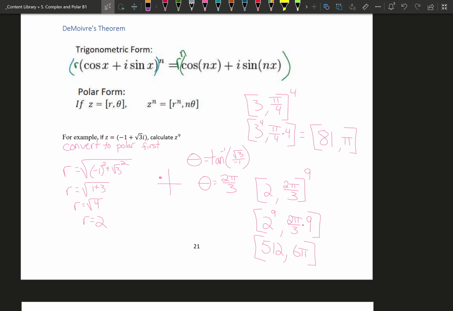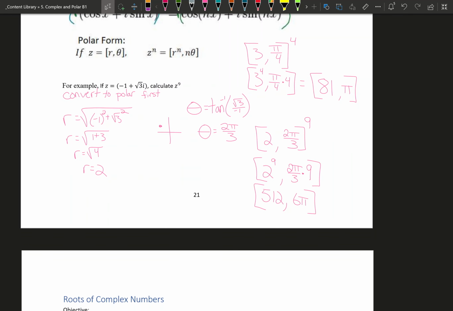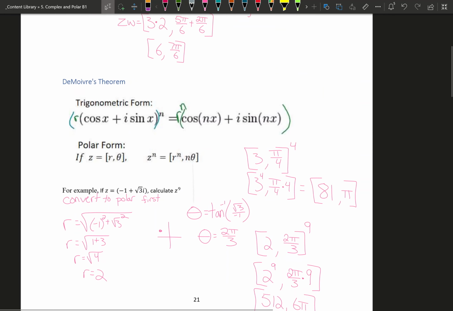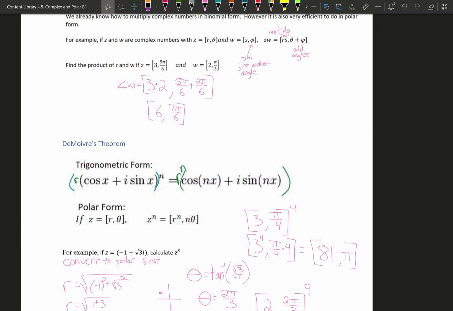Hello, today we are going to be taking a look at how to find the powers and roots of complex numbers in polar form. First, if we're looking at multiplying two numbers in polar, the product of two numbers in polar, we have to multiply the radii and add the angles.